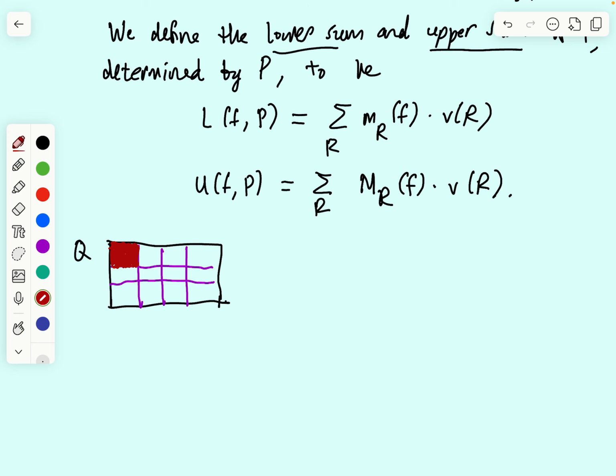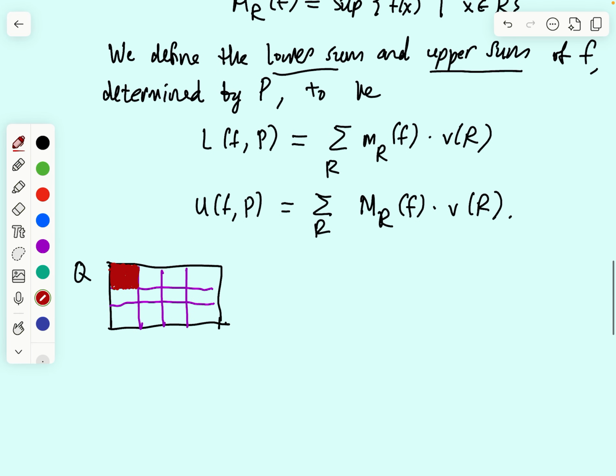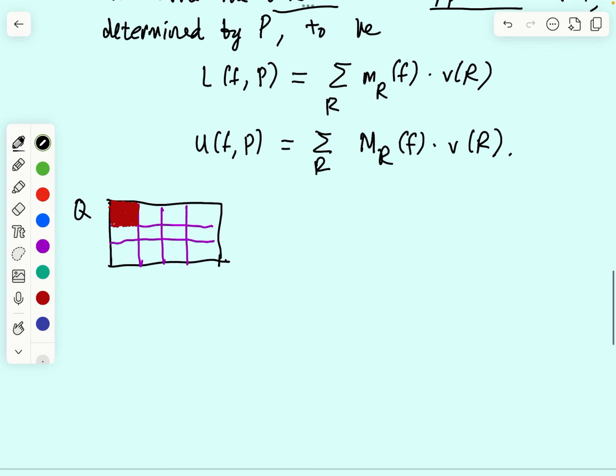For the lower sum, you take the smallest value of the function, that's this little m sub R of f, and multiply it by the area of the rectangle. You do that for all the rectangles, and that gives you this lower sum L of f, P. And then for the upper sum, you take the biggest value of the function on this rectangle and multiply by the volume of the rectangle, and then sum over all the rectangles, and that gives you this upper sum. Okay? So each partition gives you this lower and upper sum.